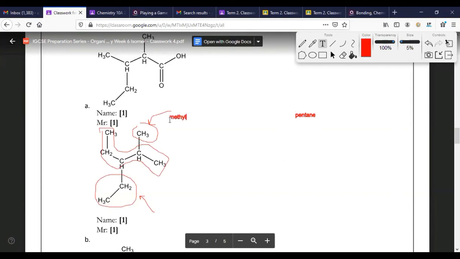Methyl. How about this? What's the name? You got C2H5. What is the name? Remember the first 4 alkane. Methane, ethane, propane, butane. You remove one hydrogen, it will become alkyl. So methyl, ethyl, propyl, butyl. So what is it? We got 2 carbon, 5 hydrogen. What's the name? Ethyl. Okay, so we got ethyl.